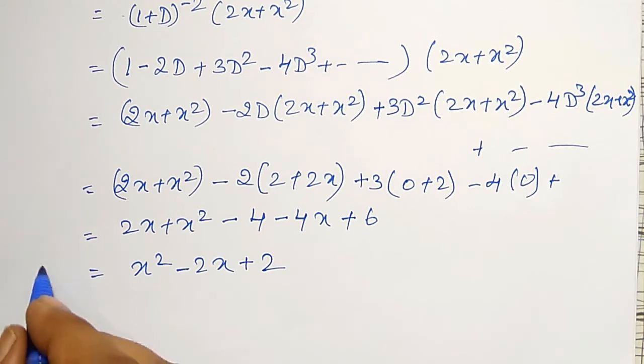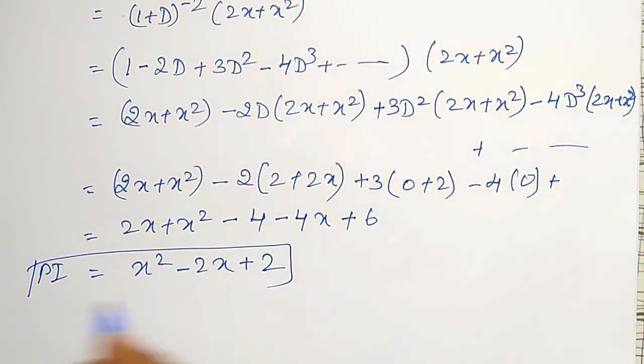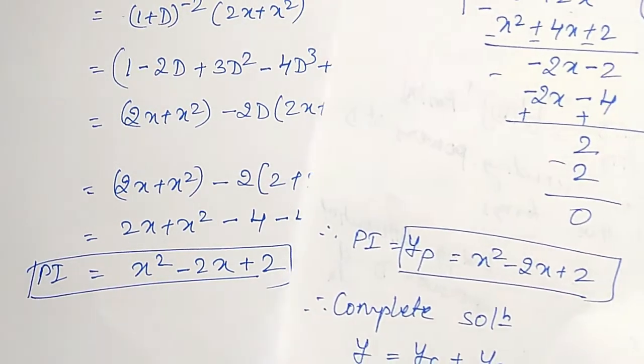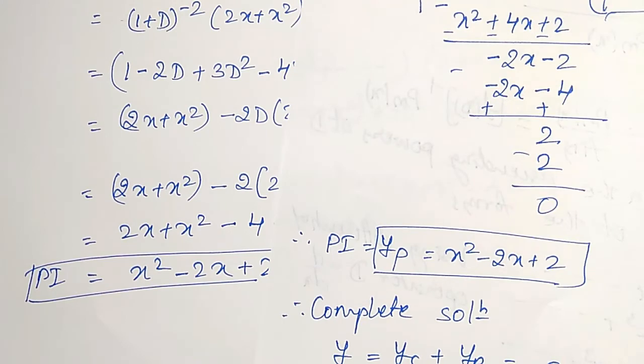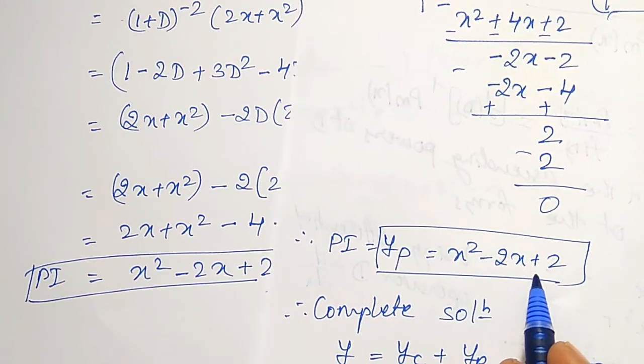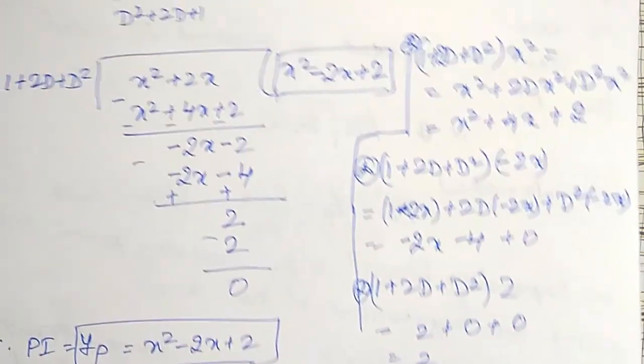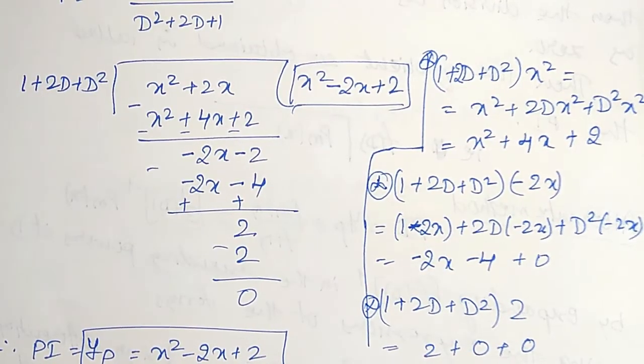Therefore, what I previously calculated as PI using the actual division method, I have also got the same thing as PI using this, x square minus 2x plus 2. By expanding this one also I am getting the same thing, but usually we use the actual division method only, which is very simple to identify.